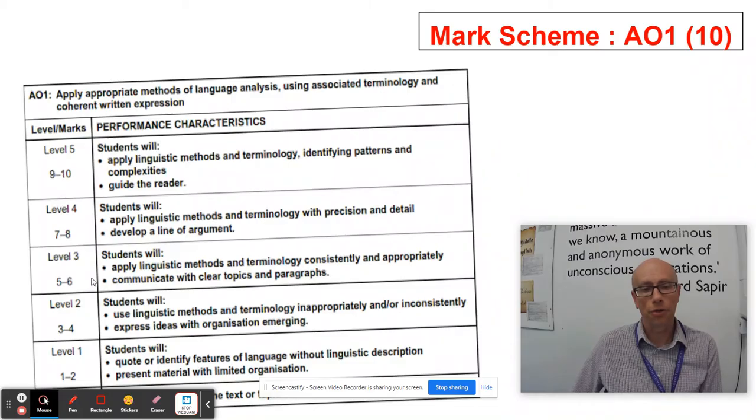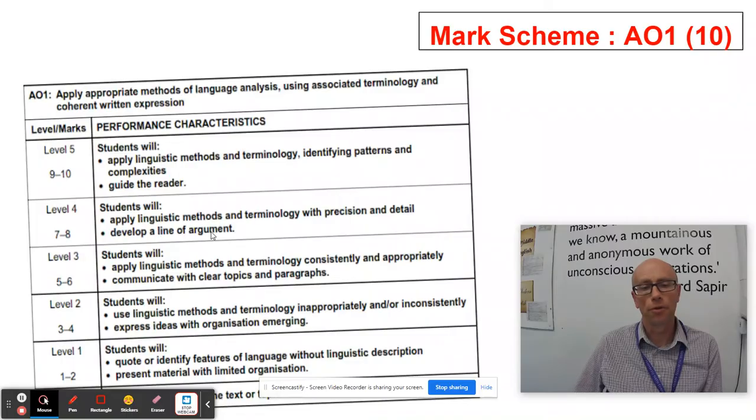Whereas here, level 3, which is more like a kind of C grade, it's clear. So you've got clear topics and clear paragraphs. It's not necessarily going to be very sophisticated, but it's clear. And we do have linguistic terms being used. So you might be saying, for example, the word pronoun or second person pronoun, and you might be doing it in a consistent and appropriate way.